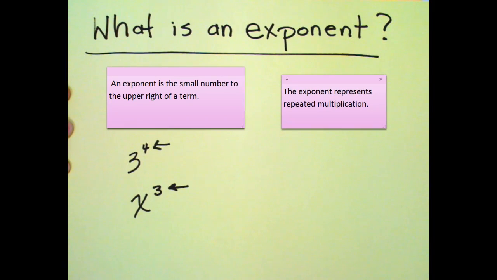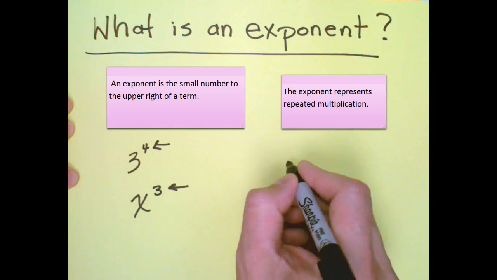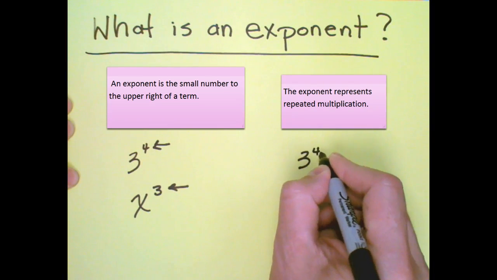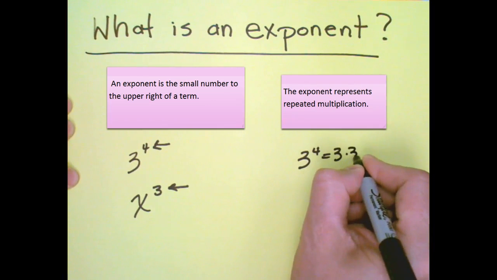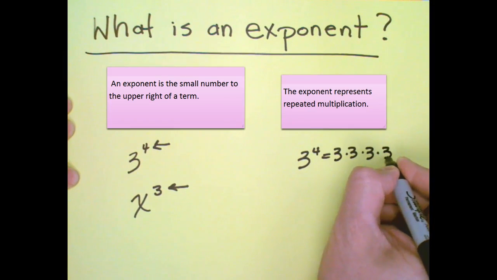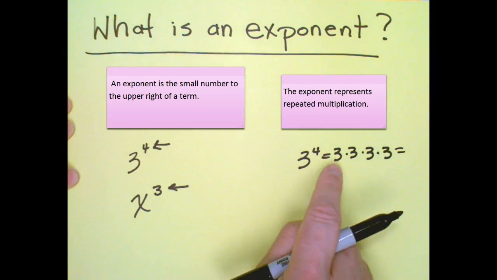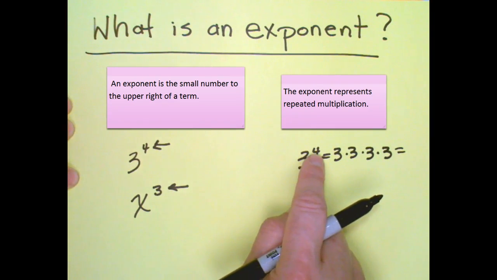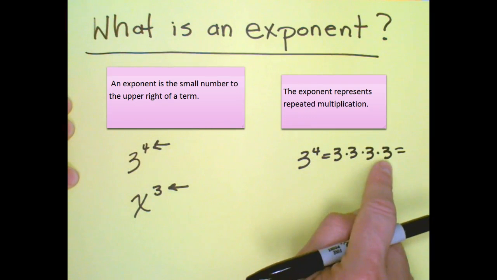And what does an exponent do? That exponent represents repeated multiplication. So 3 to the 4th power is equal to 3 times 3 times 3 times 3, which is equal to, many people might say 12 because they would just multiply 3 and 4 together, but it does not represent 12.